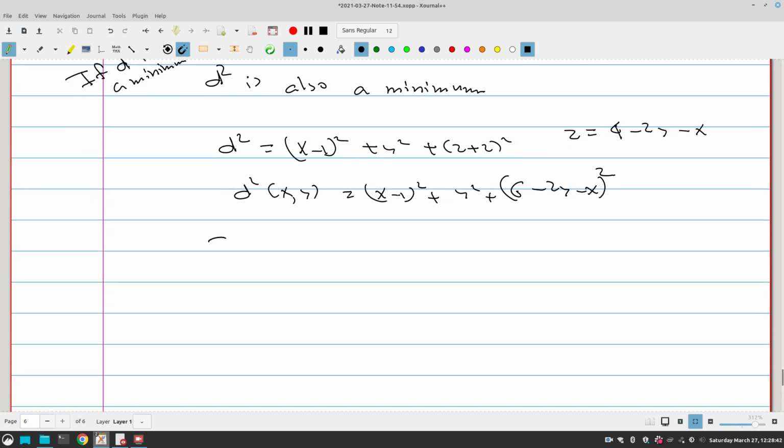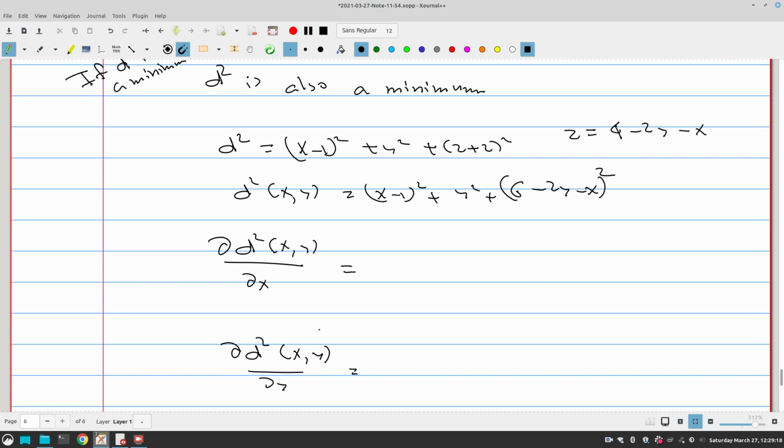We want to find the derivative of this D² with respect to x and with respect to y and set them equal to 0. And that will help us find the shortest distance, hopefully.